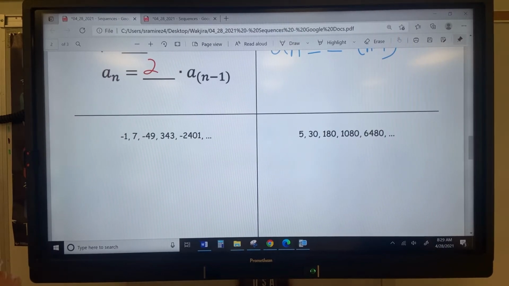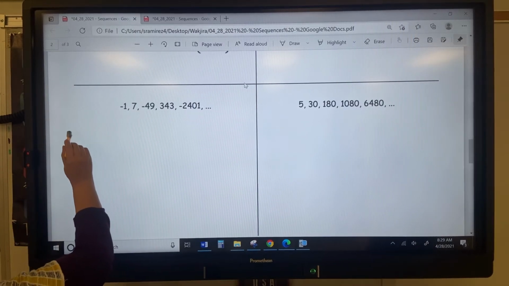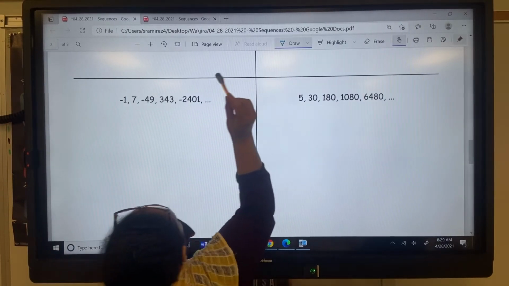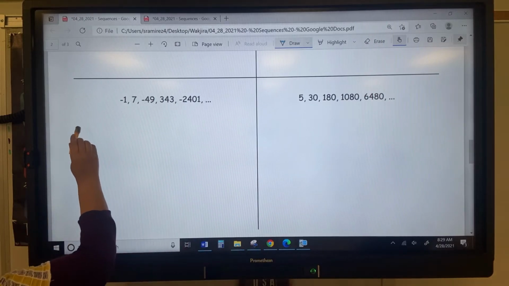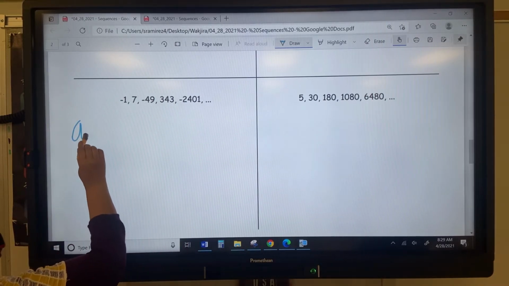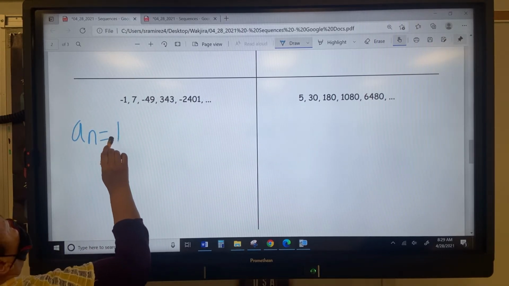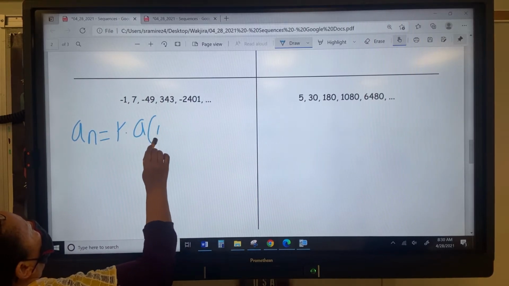Okay, still we are on to find our R, what multiplies to the next number. So our formula is A sub n equals R multiply A sub n minus 1.